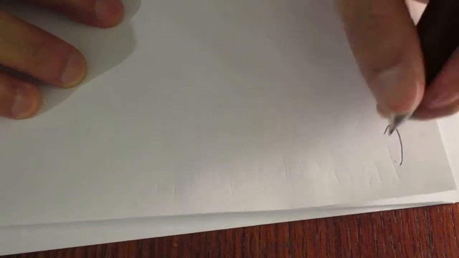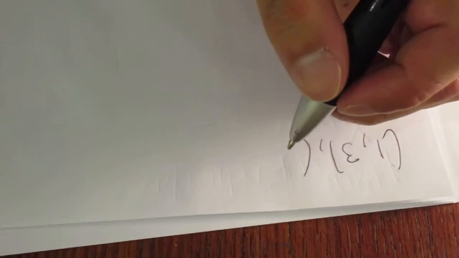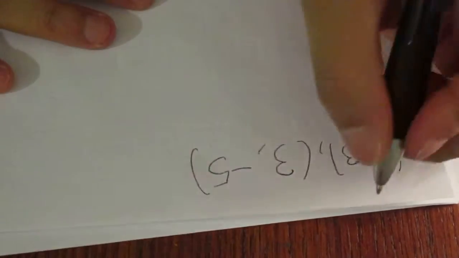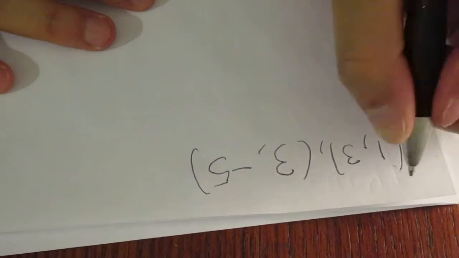Let's say you're given the coordinates 1, 3, and then 3, -5, and all I want to do is find the slope. So how do we do that?